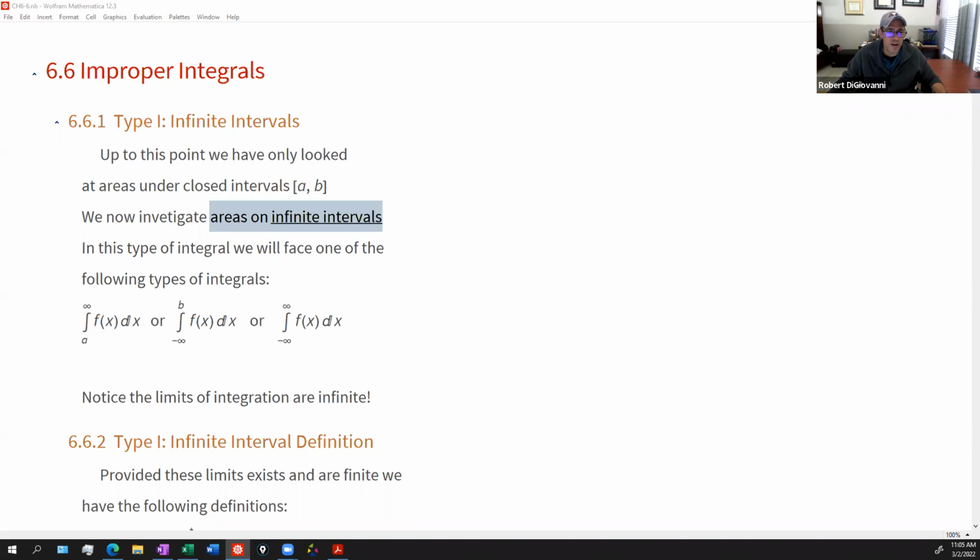Question in the chat: will the test be 6 questions? I haven't made the test, so I can't tell you how many questions it's going to be. It's more about me trying to make a test that I think you can complete in the 100 minutes that you have to take the test. So it could be 5 questions, 6 questions, 7 questions. I wouldn't expect it to go over 8.